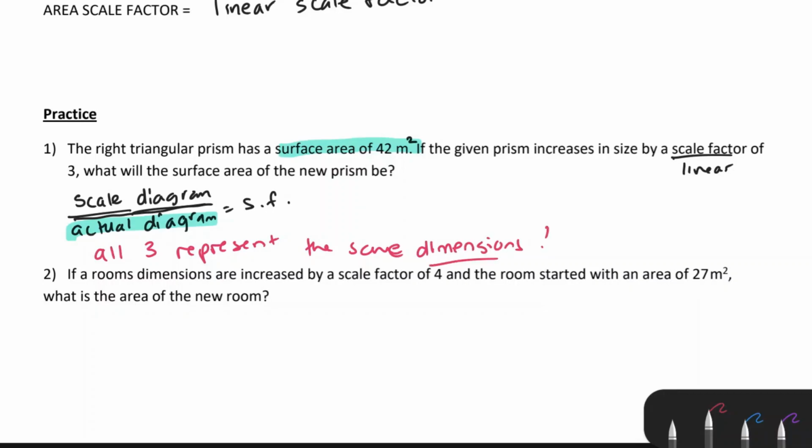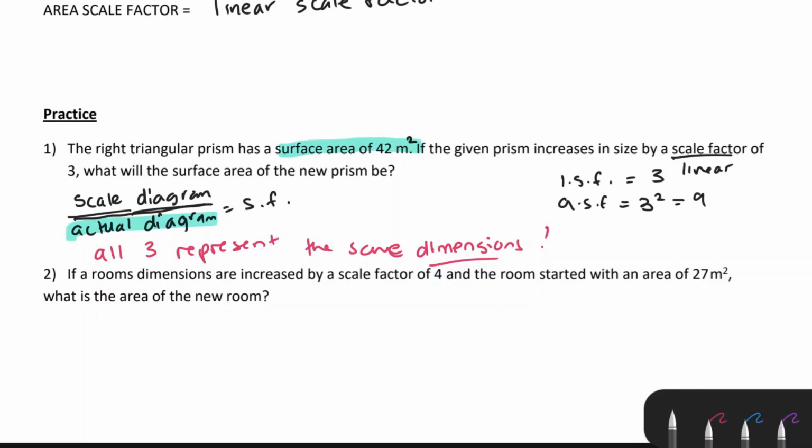Right, so if I'm saying that the actual is area, then I need to find the scale value in area, which will be my new surface area, which means I need to be working with an area scale factor. So my linear scale factor is 3, which means that when I square that, when I think about increasing that in 2 dimensions at once, my area scale factor is 3 squared, which is 9.